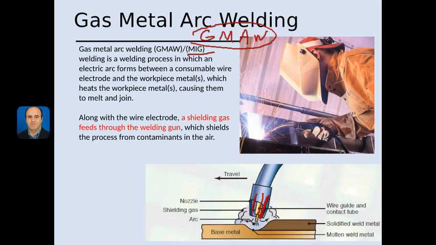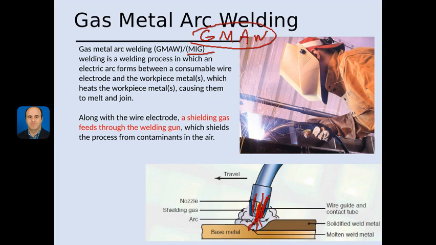The shielding gas is going to protect the weld. The electrode is going to come and melt, so the electrode provides the arc. Also, it is going to be a filler material.